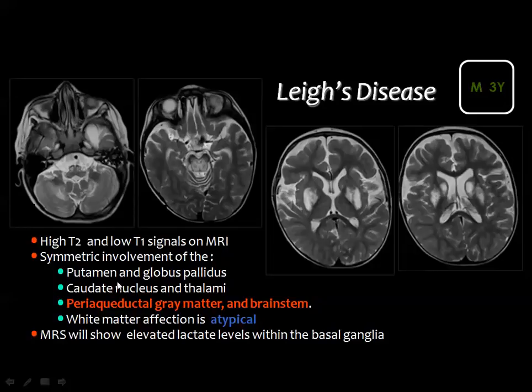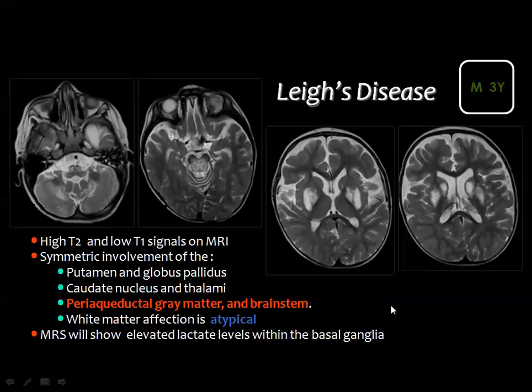the putamen and the globus pallidus, the basal ganglia, the caudate and the thalami, and the periaqueductal gray matter and the brainstem. And if you remember, we have discussed a disease in the second part of this talk, which is Wernicke encephalopathy, which also affects the periaqueductal gray matter and the brainstem together with affection of the mammillary bodies.